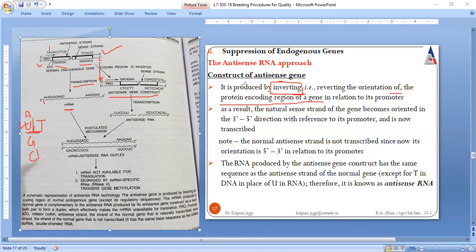If you remember, we said mRNA has the same sequence as the sense strand. So this mRNA can be considered as a sense strand, right?